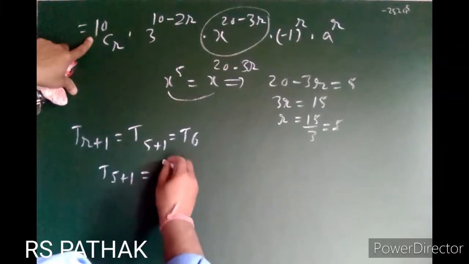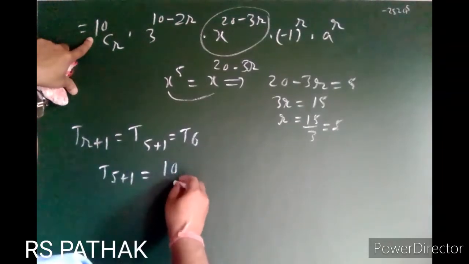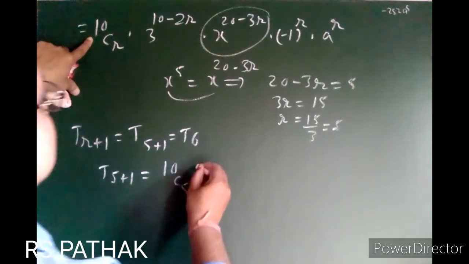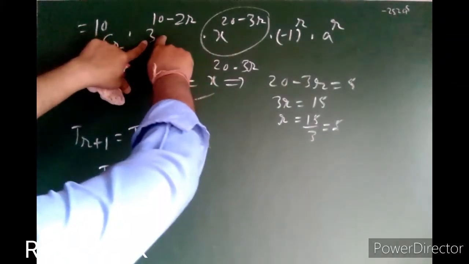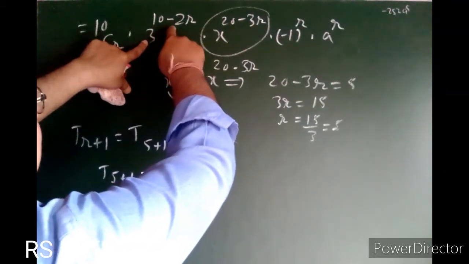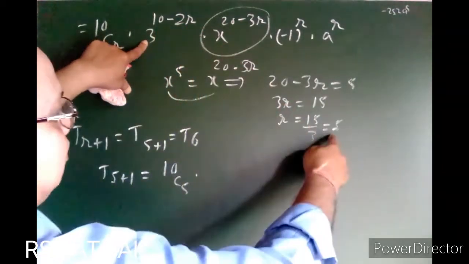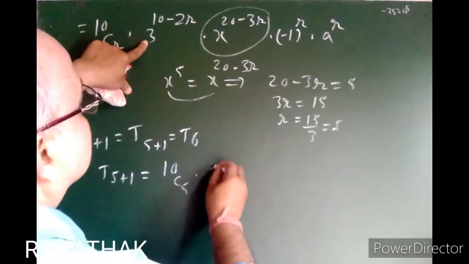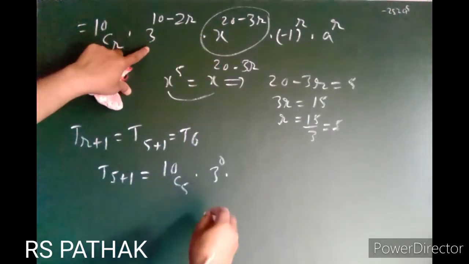10C5 into, this term will vanish because 3 to power 10 minus 2 into 5. 2 into 5, 10 minus 10, 0. 3 to power 0.